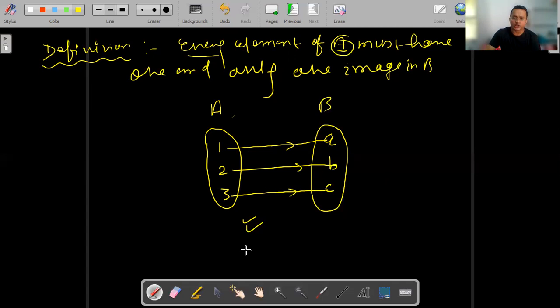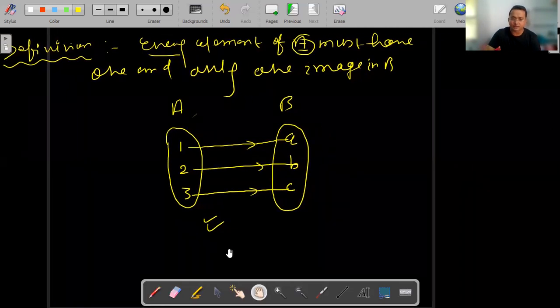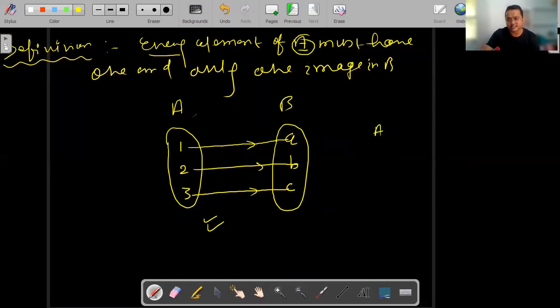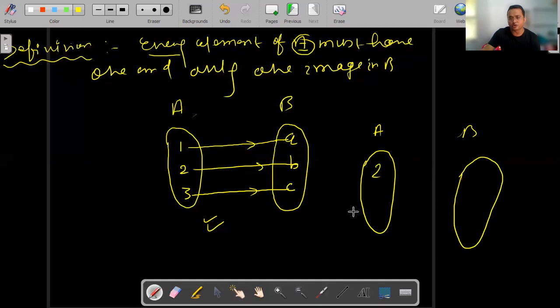Okay, so another example I am giving you, and you have to tell me whether it is a function or not. Let us say this is the set of A elements and this is the set of B elements. 1, 2, 3, and here A, B, C, D. Here 1 has two images.